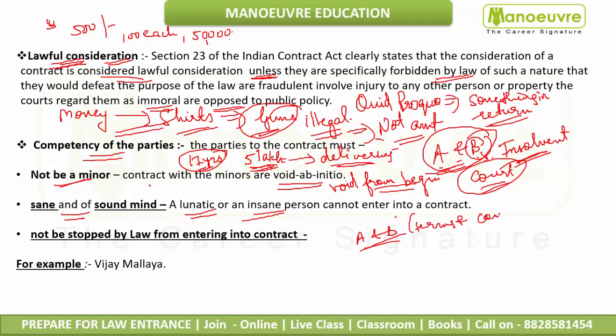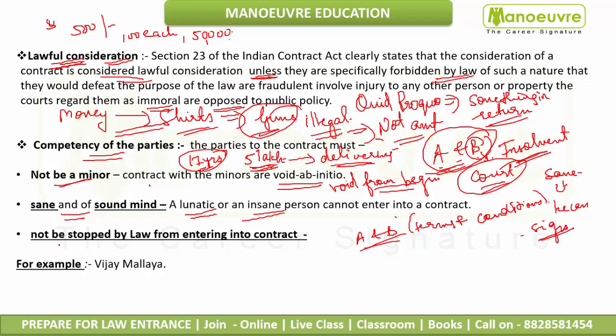But if a person is sane for some hours of a day and insane for other hours, then whenever he is sane, he can sign a contract. This is legally allowed, this is legitimate.